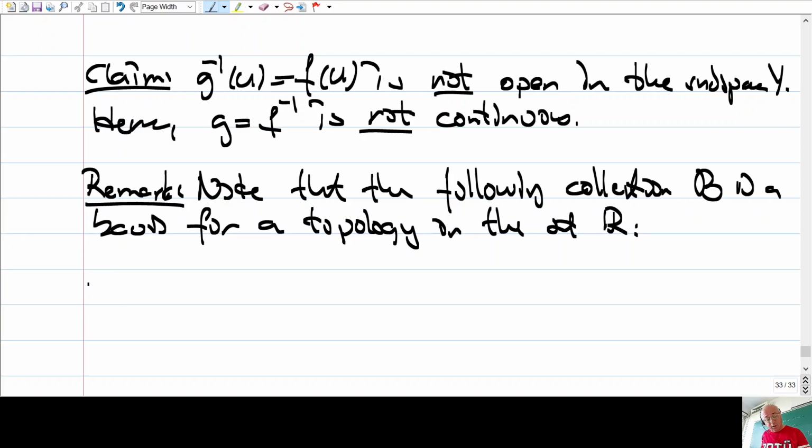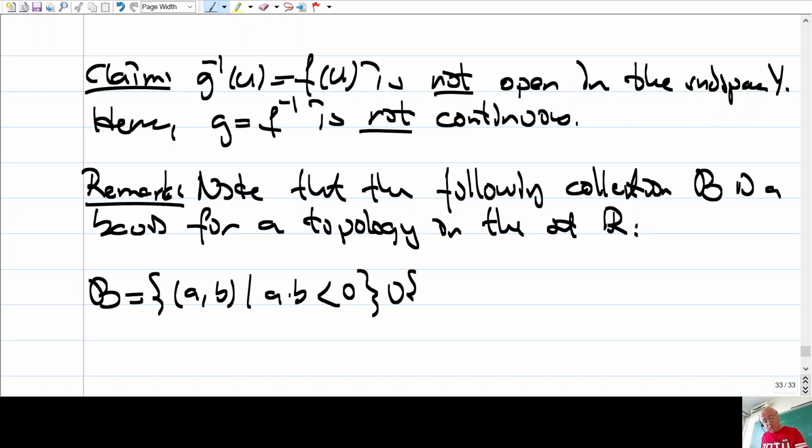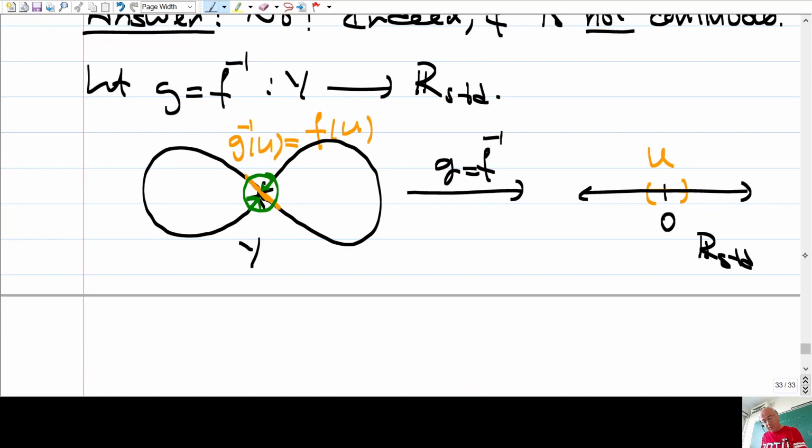So what is this collection? Blue intervals, what are they? (A, B), where A and B are both negative, so the product is positive. This kind of intervals. And then this kind of intervals, (A, B), where A and B are positive. These are the red ones.